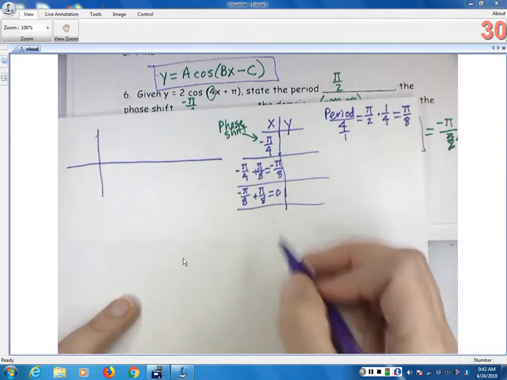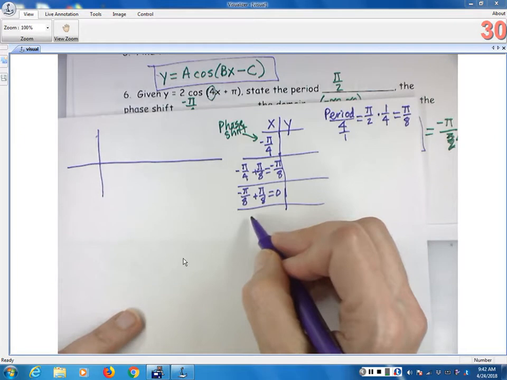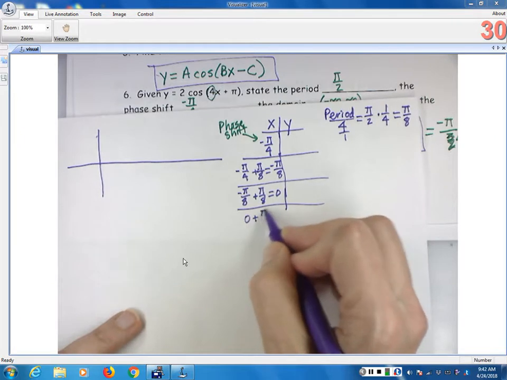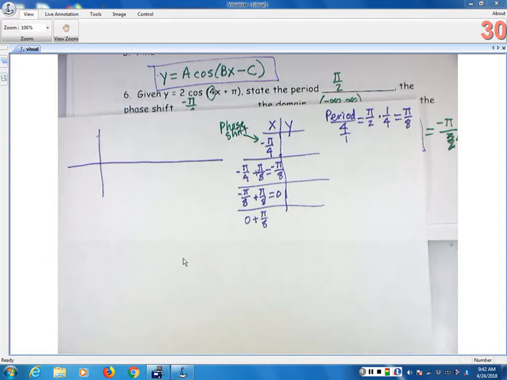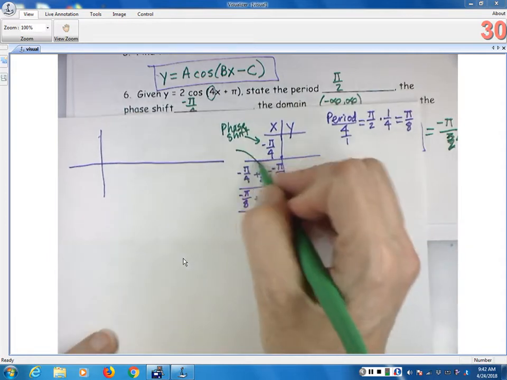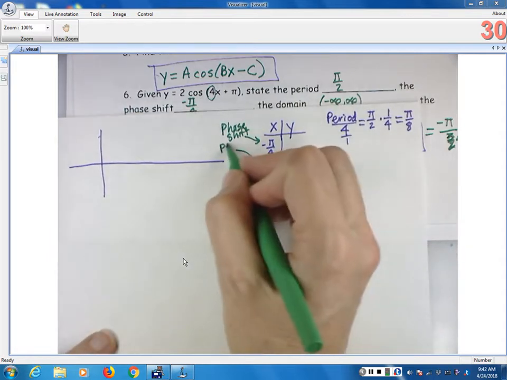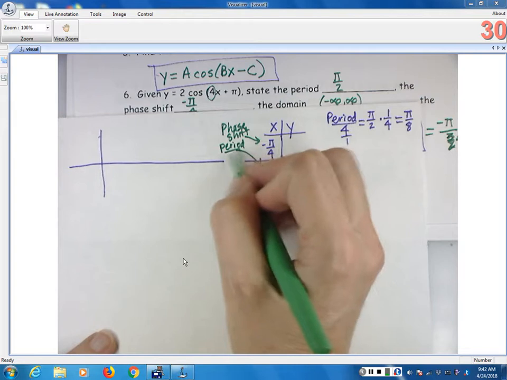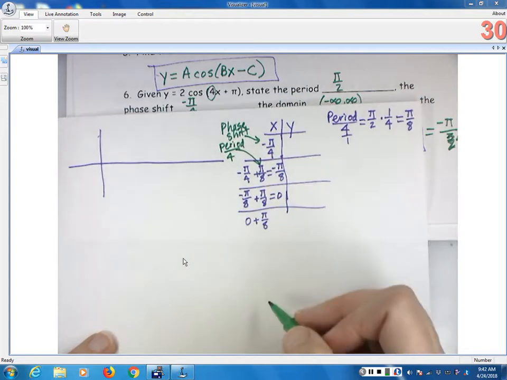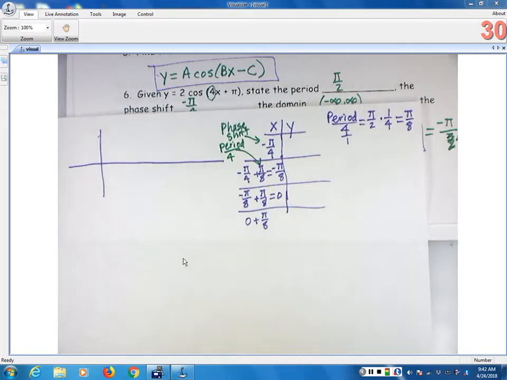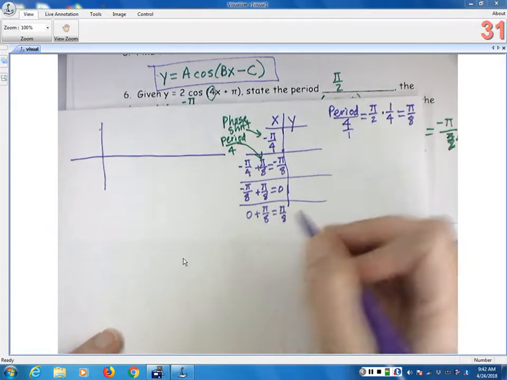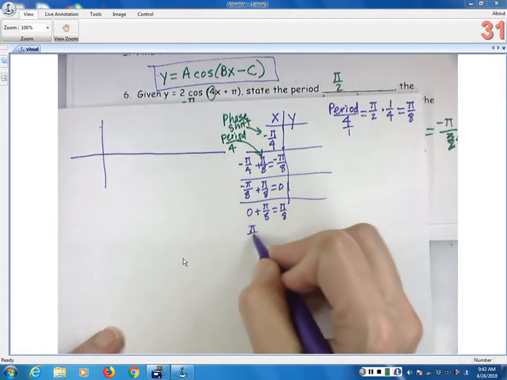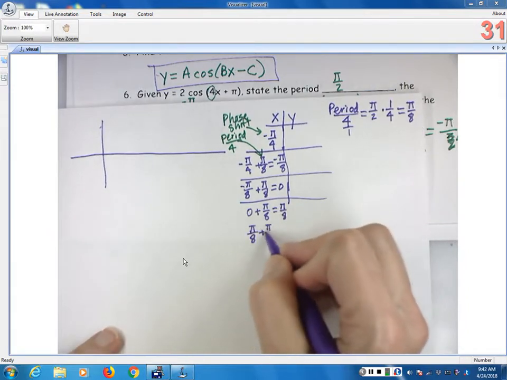The next key point is 0 plus pi over 8. This is what we're adding, the period divided by 4. That's pi over 8. And then we add another pi over 8 to get the last one. That's pi over 4.